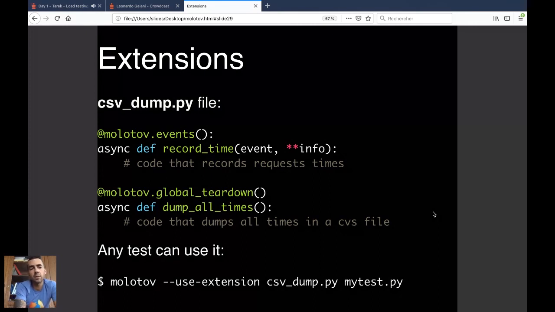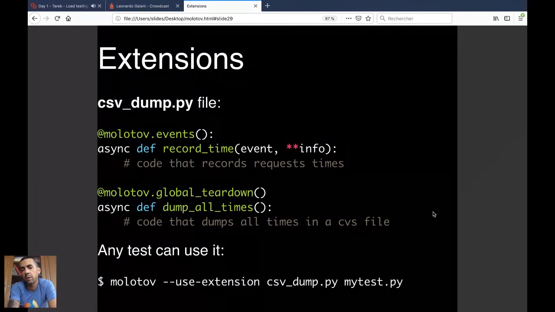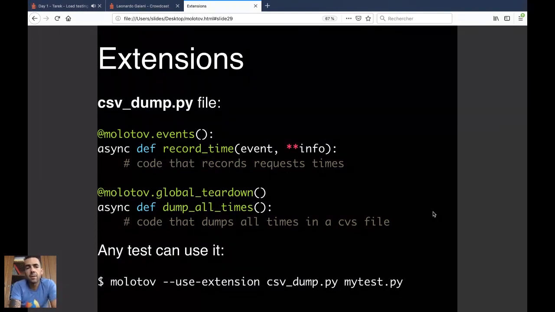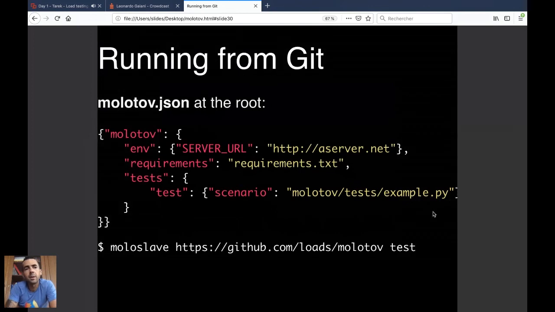So in this example, in my test.py, I have my Molotov test. And in csv_dump.py, I have the code that's required to dump all the tests I've been doing into a CSV file. And I can reuse it for other tests.